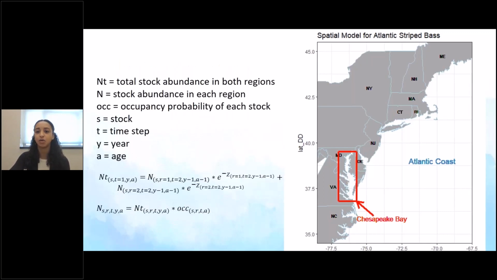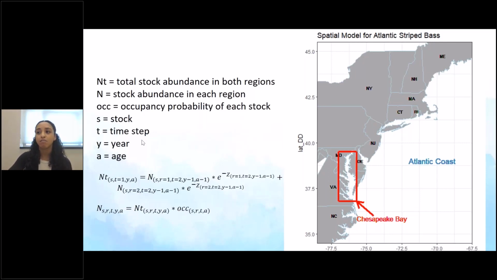Just to quickly go over how our model is set up, I first want to explain how we're calculating abundance in each region and how we're keeping track of that. Rather than keeping track of migration rate, we're considering what we're calling an occupancy probability. Occupancy probabilities can be defined as the probability at age that a fish from a certain biological stock is found in either the region or the Chesapeake Bay spatial region.